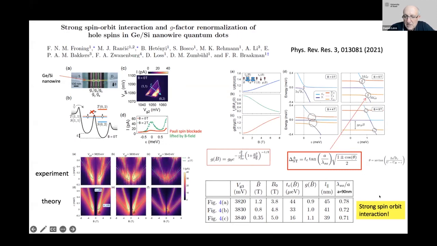A spin-orbit strength was deduced, which is very large, several milli-electron volts, or expressed in lengths, on the order of 50 nanometers or so. And this is the distance one has to travel inside, let's say, a nanowire to flip a hole spin from up to down due to the spin-orbit interaction. That's a rather strong spin-orbit field.